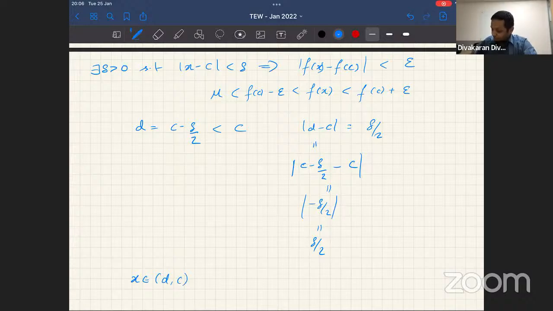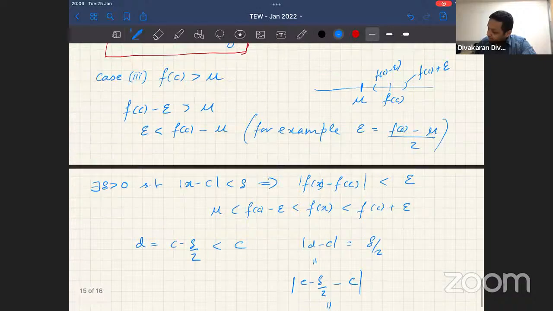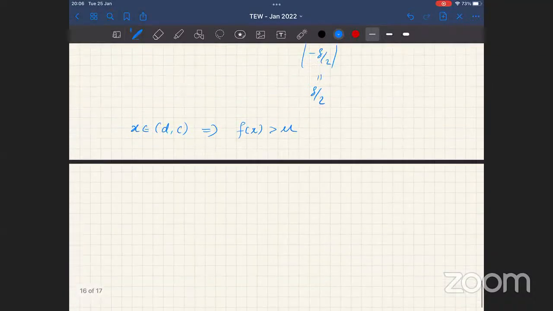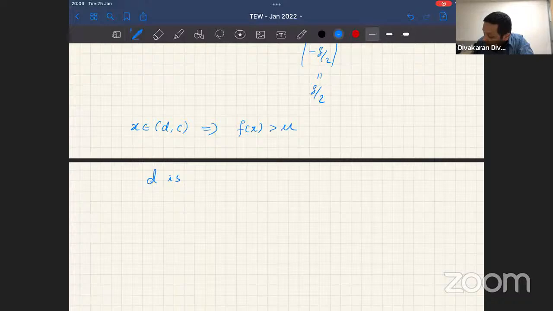If x belongs to (d, c), then f of x is greater than mu. So if x belongs to (d, c), then f of x is greater than mu. So what is happening is that d itself is an upper bound for S.